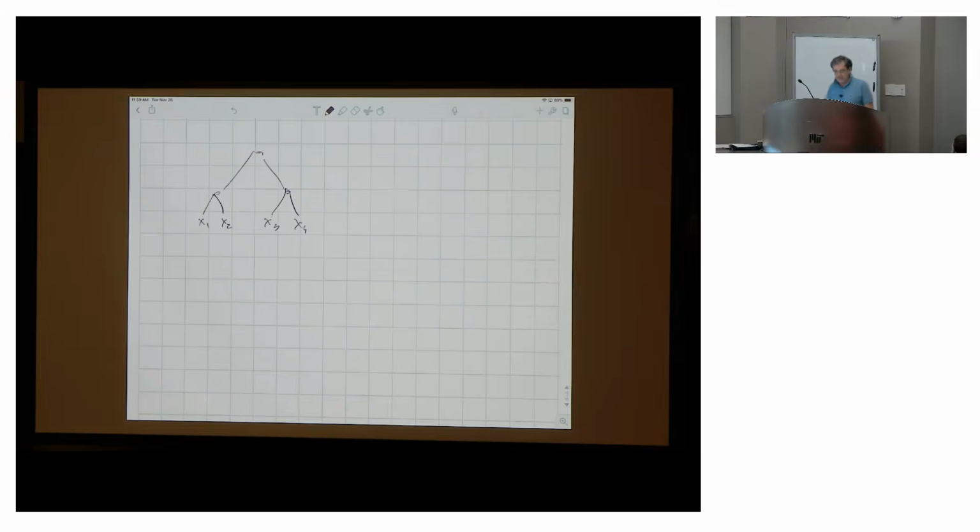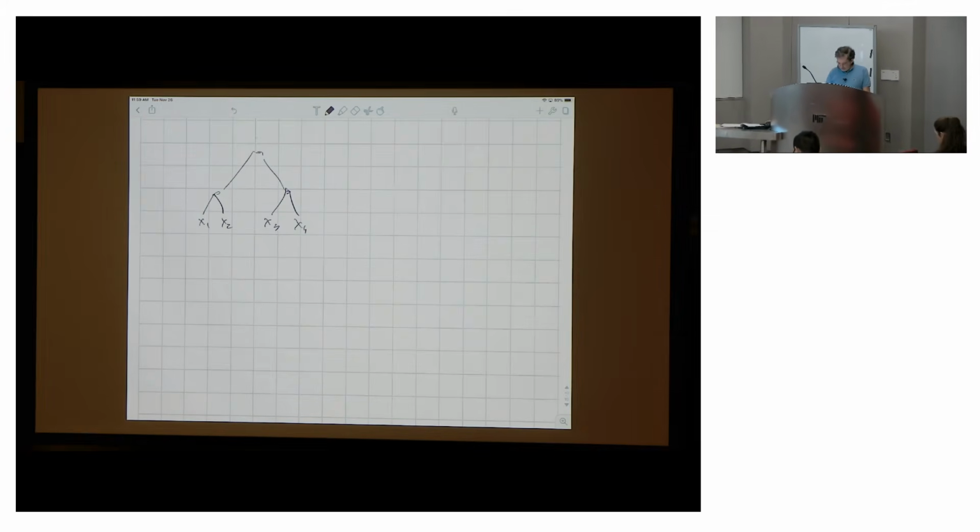So you have to think of this whole thing as f, and this one as f1, f2, f3. The output is a real number.